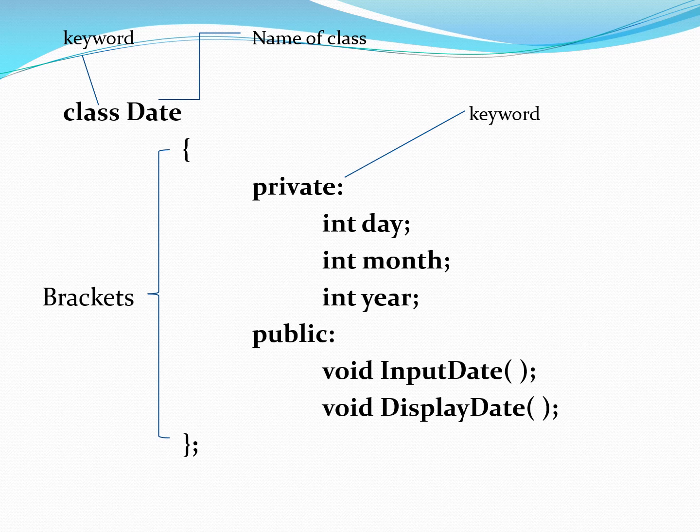These are three variables which are the data members. And in the public part we have input data and display data. These two are member functions declared under the public part. This is a small glance at how to create a class definition and class declaration using classes. Thank you. We'll see the next topics in the next class.